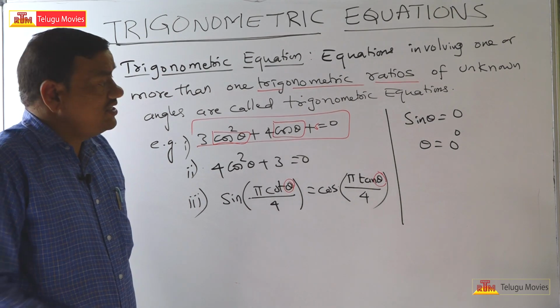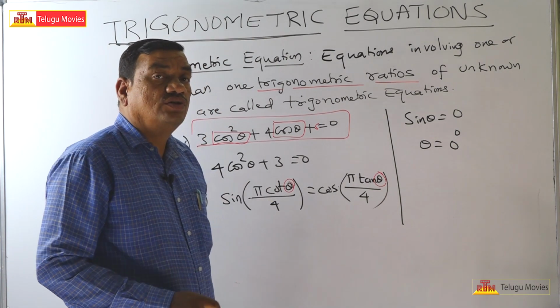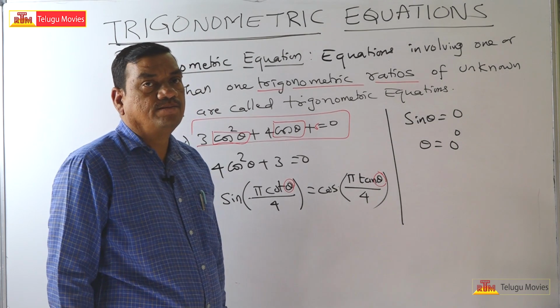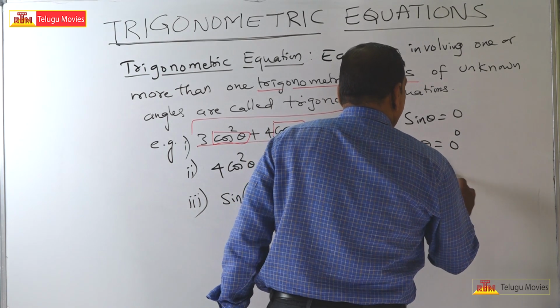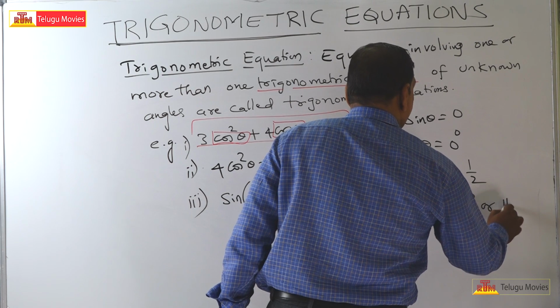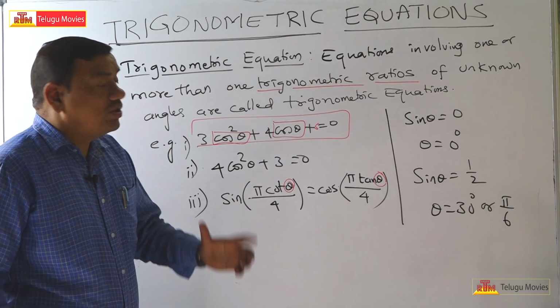Is it only for theta 0 degrees that sin theta is equal to 0? Can't we get any more solutions? If I take sin theta is equal to 1 by 2, immediately we say theta is equal to 30 degrees or pi by 6 radians.